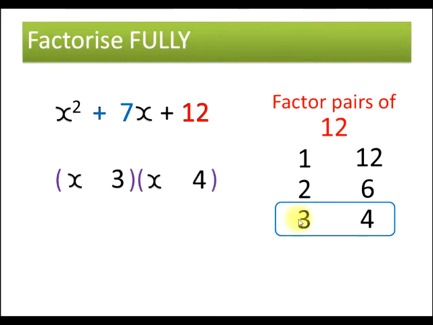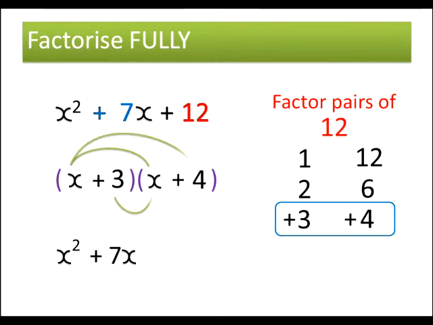I'll just repeat that last bit. How can I make the 7 using a 3 and a 4? I need to add them both, so therefore they must both be positive, so therefore the signs here are both positive. Now it's imperative you don't finish here, you expand it. Whichever method you want, I'm going to use the lines.